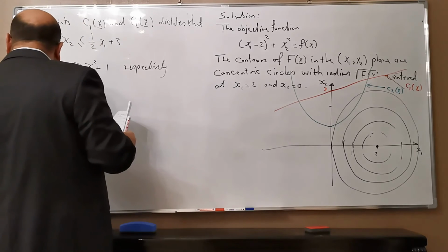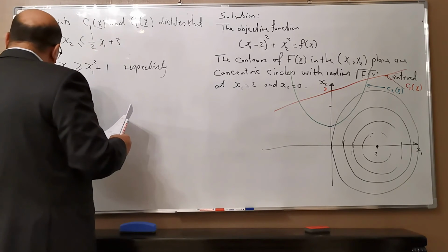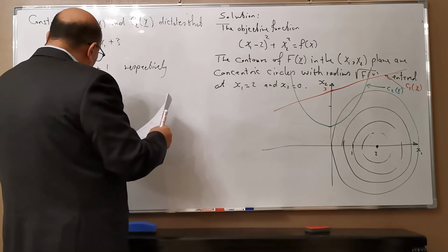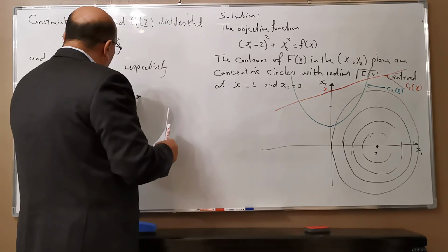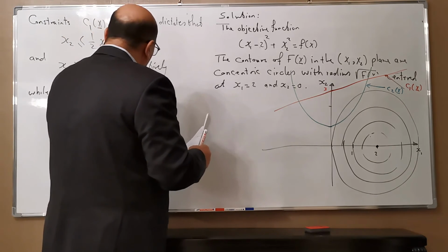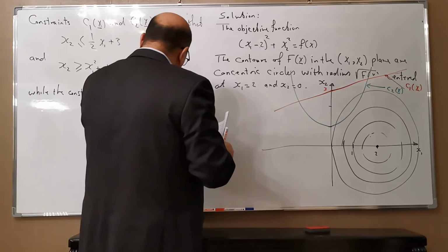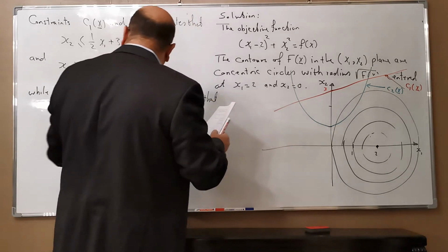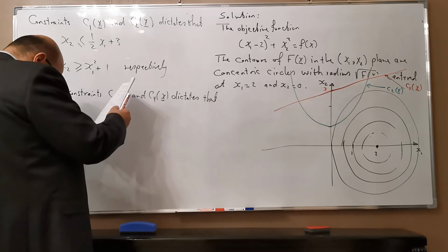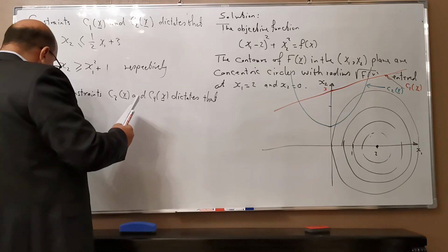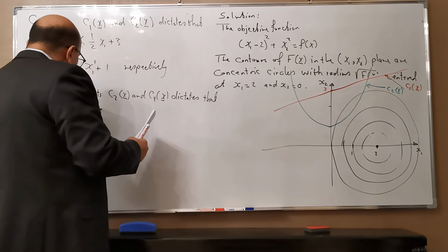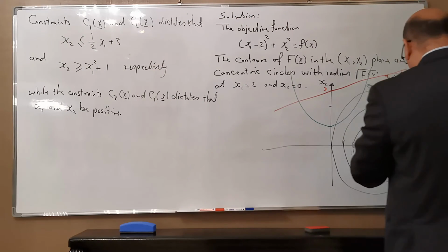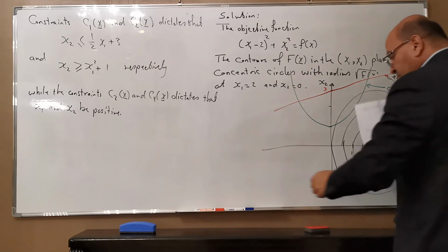The constraints C3 of x and C4 of x dictate that x1 and x2 be positive. This means that we are looking for a solution in the first quadrant.